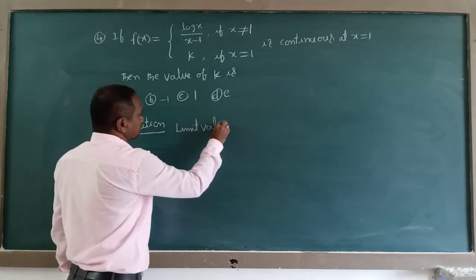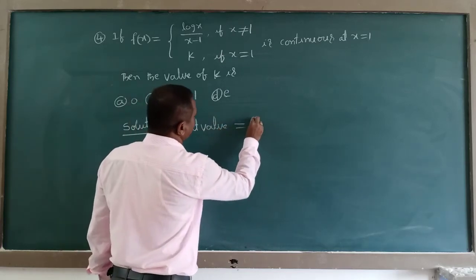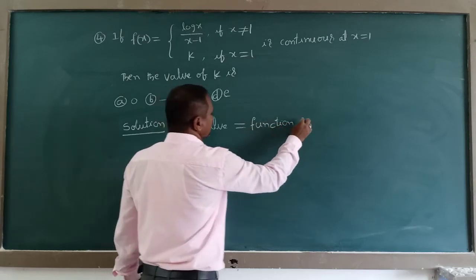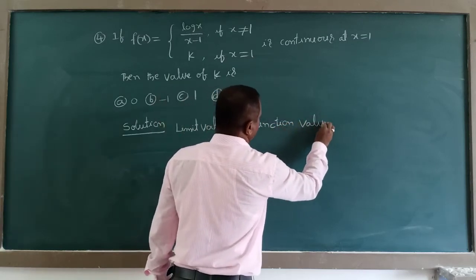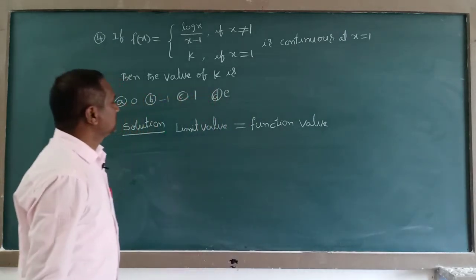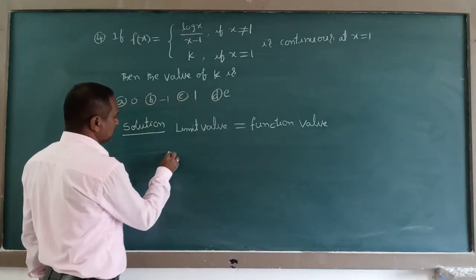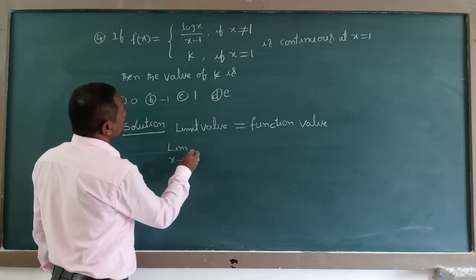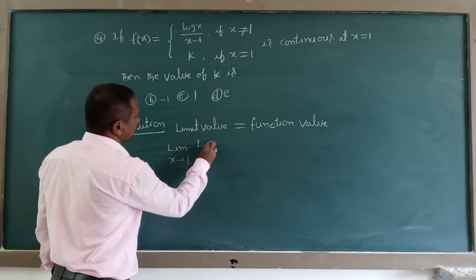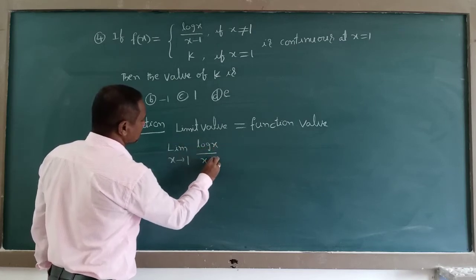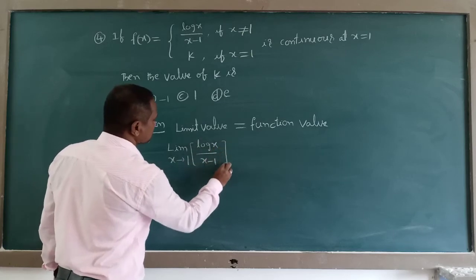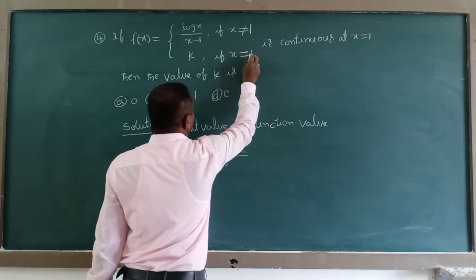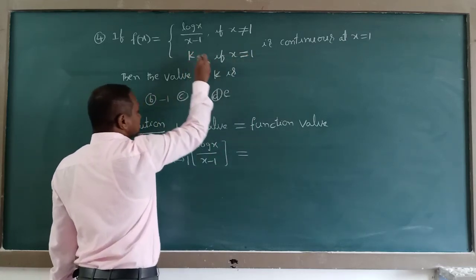Limit x tending to 1 of f of x, which is log x whole divided by x minus 1, is equal to the function value, which is k here, corresponding to the equal symbol.